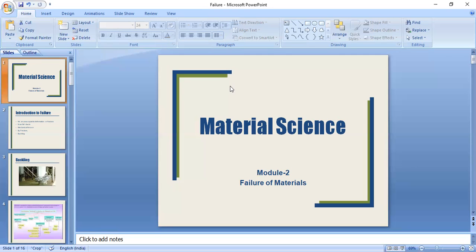To avoid this fracture or failure of the materials, the precaution we have to take. That is what we are going to study in this entire chapter, and when we study deeply, we can identify how the failure of metals takes place in different materials and how it can be avoided.